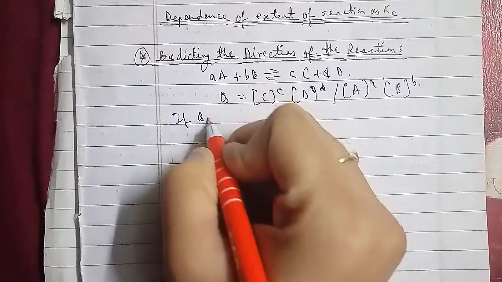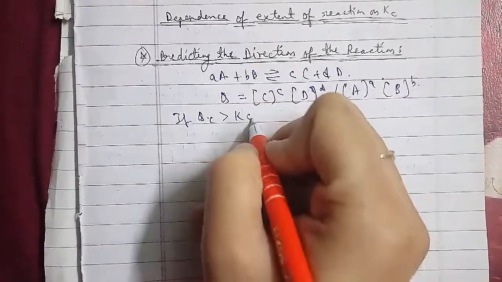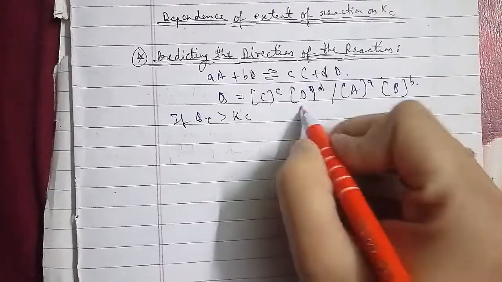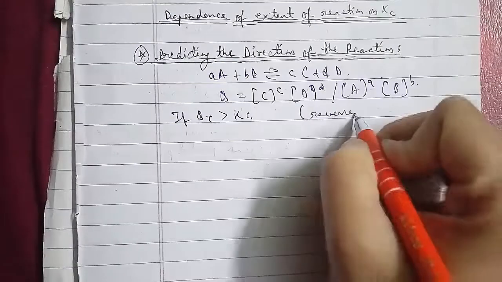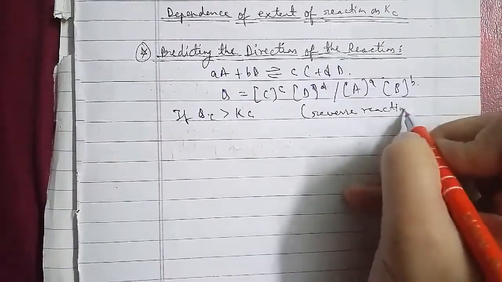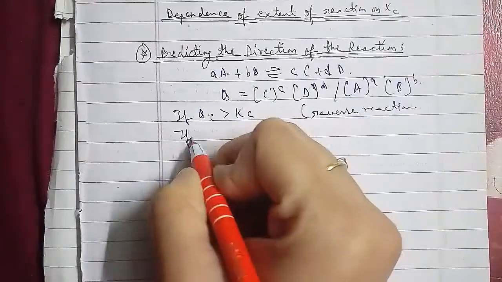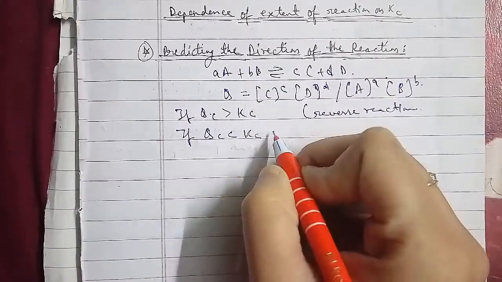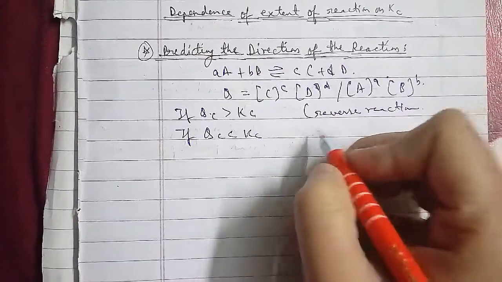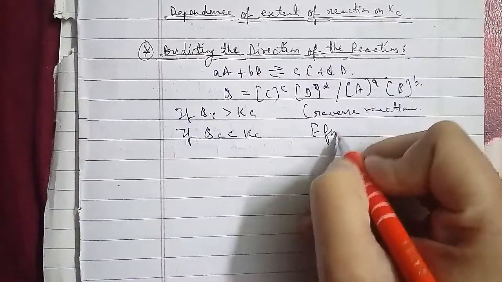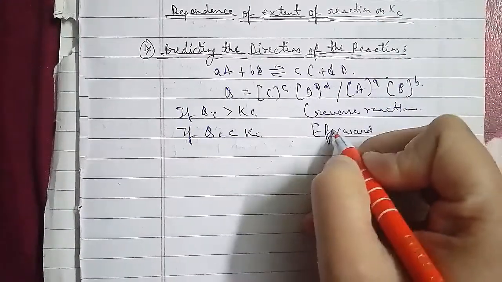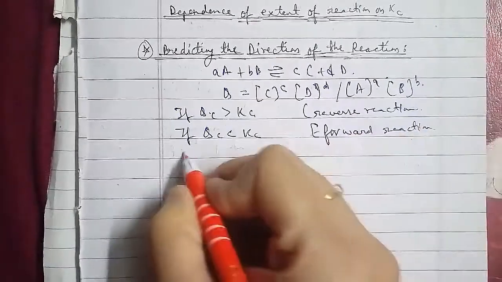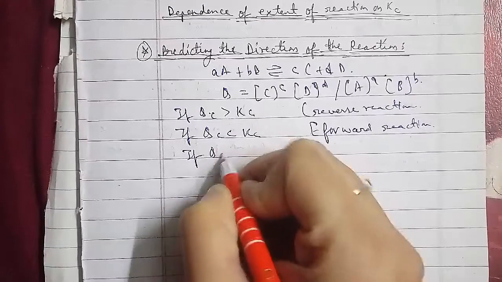But if Qc is equal to Kc, the reaction mixture is already at equilibrium. Take the gas phase reaction of H2 and I2, H2 gas plus I2 gas giving HI gas, where the Kc value is 57.0 at 700 Kelvin.